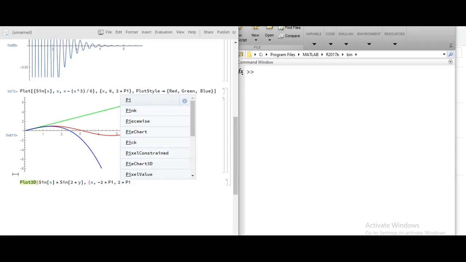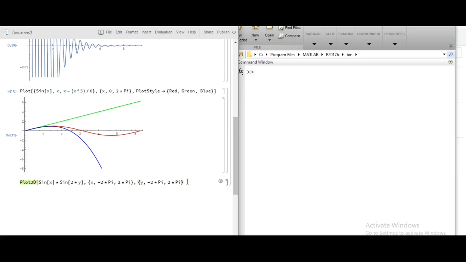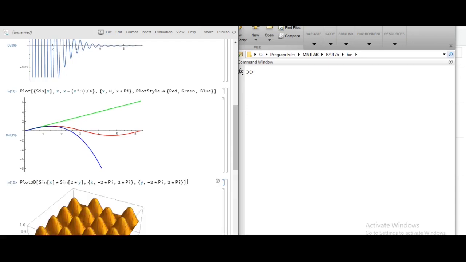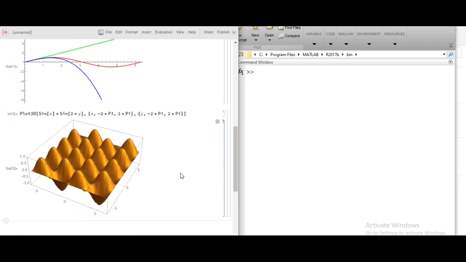Similarly y varies, and we can write the same thing for y here. Okay, so now let's check. So this is the graph we are getting here.